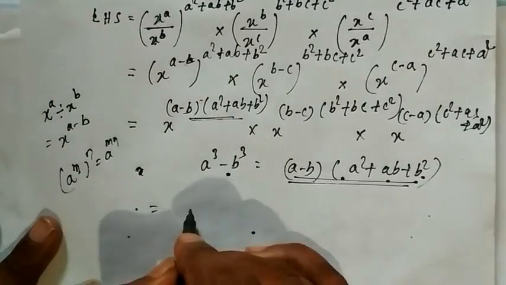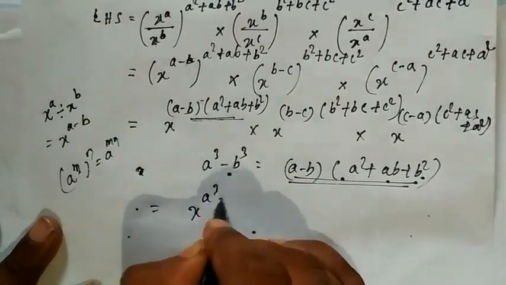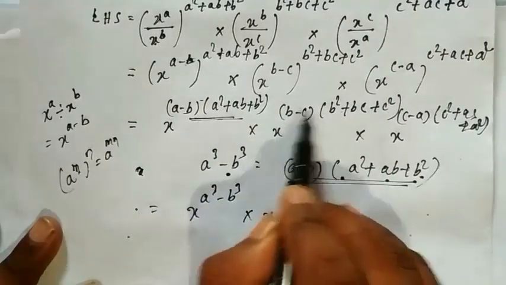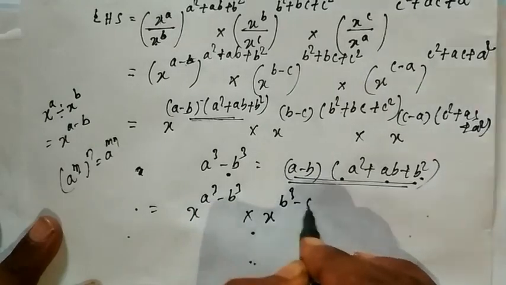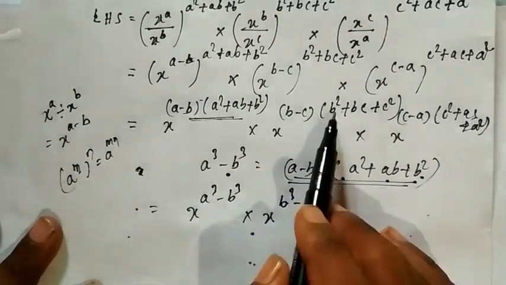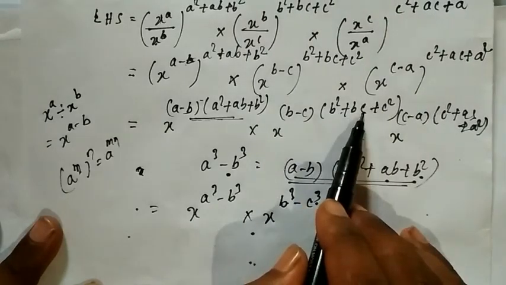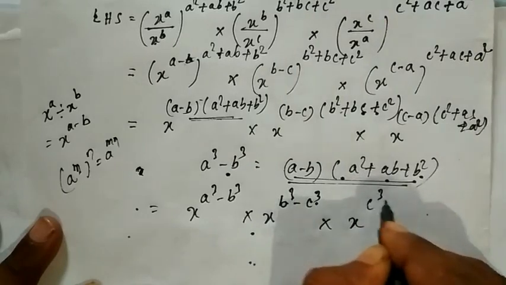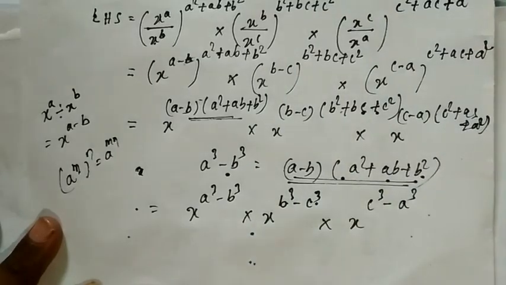So you can write x to the power of a cube minus b cube, into x to the power of b cube minus c cube, because b cube minus c cube is b minus c into b square plus bc plus c square, into x to the power of c cube minus a cube.